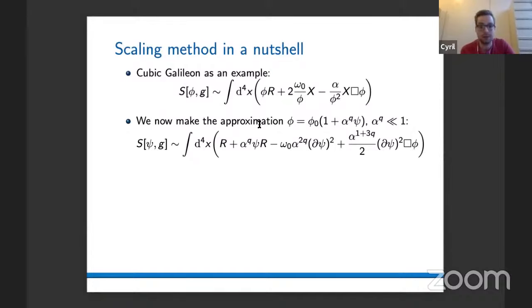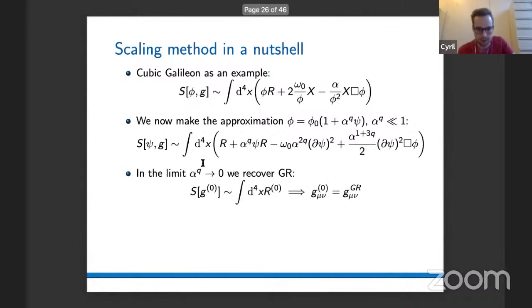Now, if you take alpha to the power of q tends to 0, except if we choose a specific value for q such that this term would not tend to 0, we would recover general relativity, right? If we take this limit, except in special cases for q, we would recover general relativity. And so at leading contribution, this approximation leads to general relativity. And that's what we want because we're in the screening region.